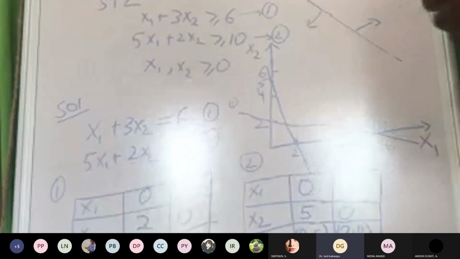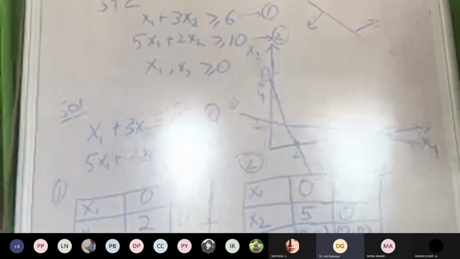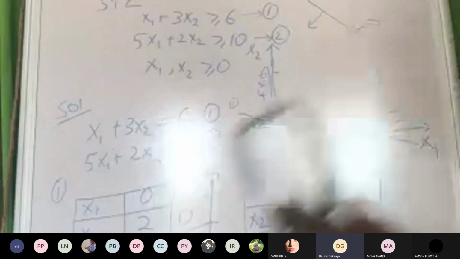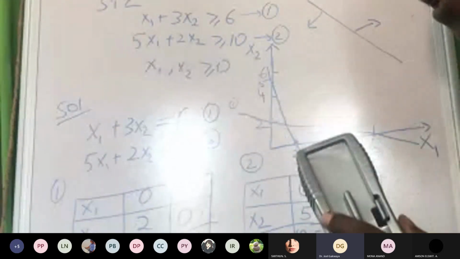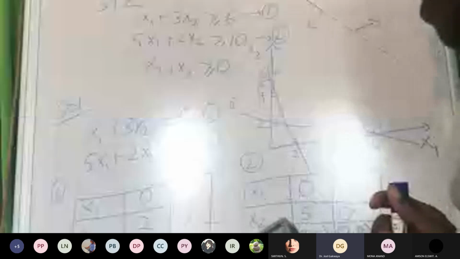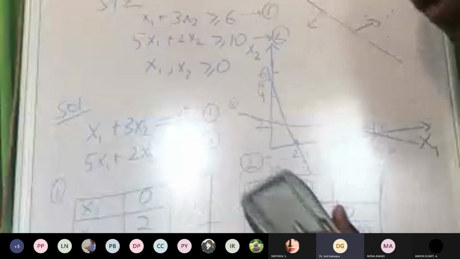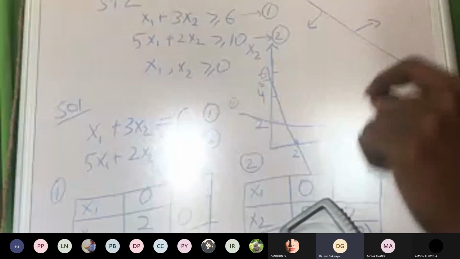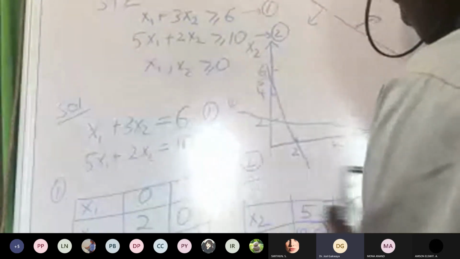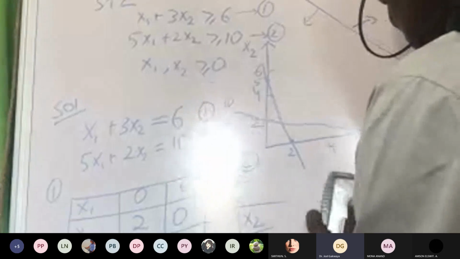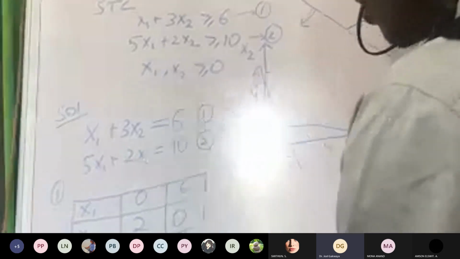Now, as you remember, yesterday we covered an important point on how to shade when you have negative variables. We are going to apply the same way here so that it can be well understood by all of you. Allow me to erase this because the purpose of these small tables is done.